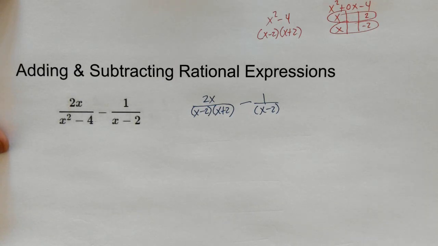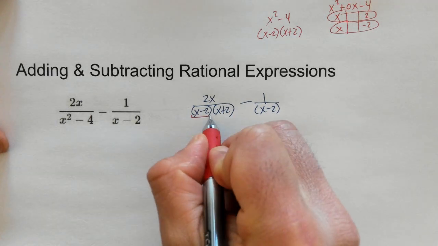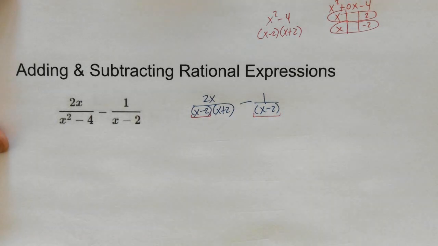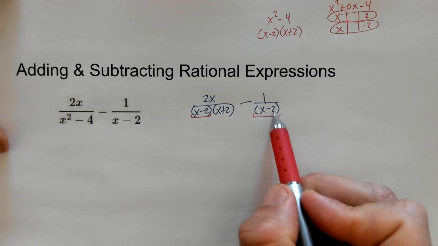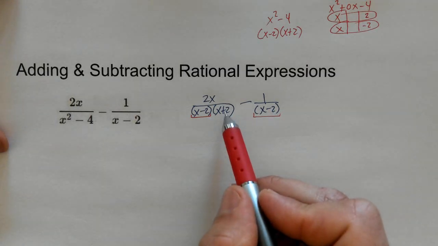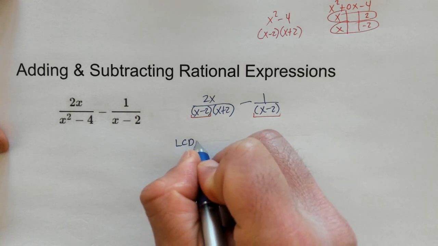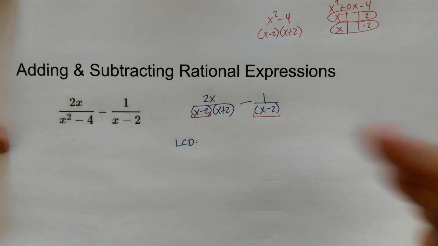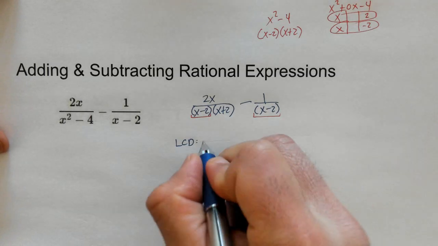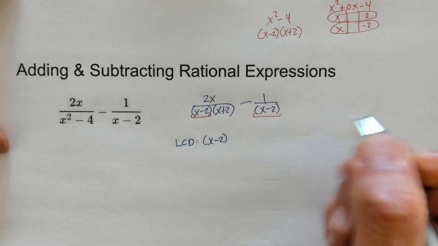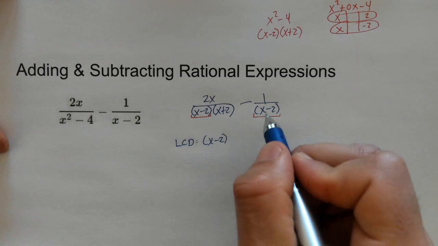Notice how these two fractions both already share an x minus 2 in common. But this one is missing an x plus 2. So, my least common denominator for both fractions has to include both products. They both have to include what they already have in common, and then the additional one that this one is missing.